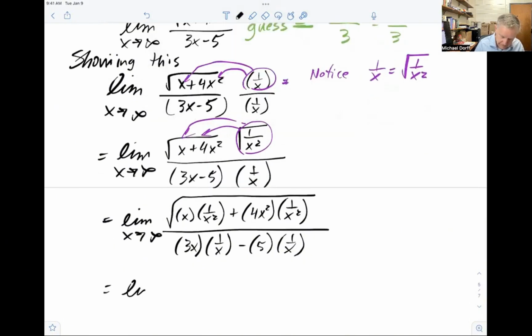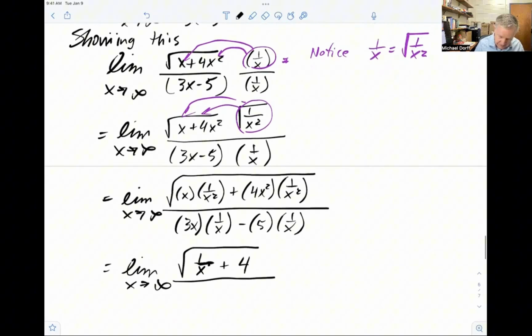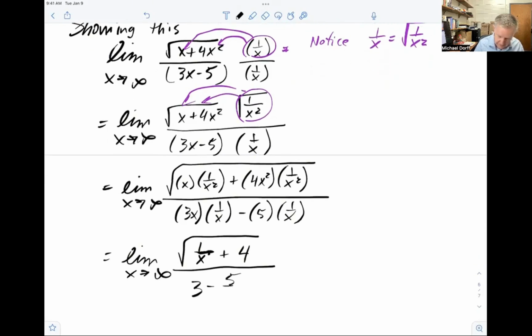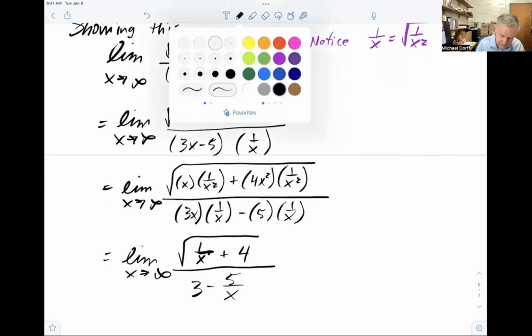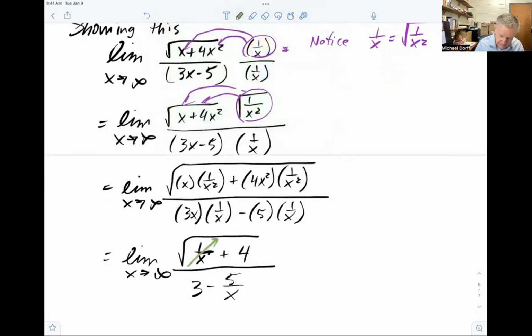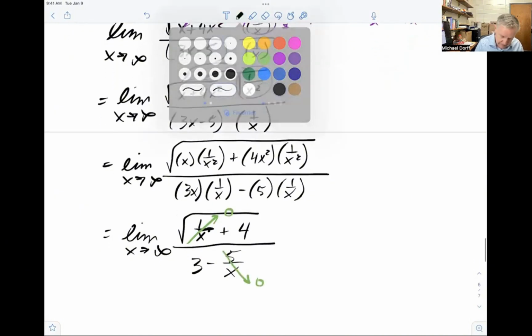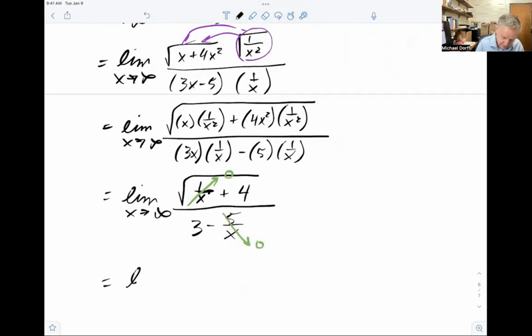So then, when I simplify that, I get the limit as x goes to infinity of the square root of 1 over x to the first plus 4, and in the denominator, 3 minus 5 over x. And using that result, number 1 here, this 1 over x goes to 0, 5 over x goes to 0, and so I don't need the limit anymore because I've just evaluated it.